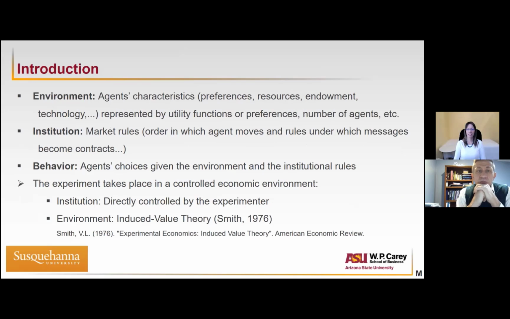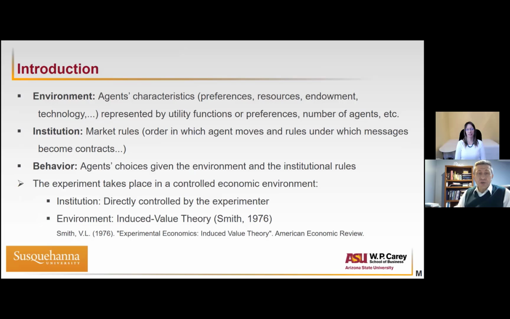Okay, going on a little bit more. So thinking through the environment, what are the agents' characteristics? The participants have certain preferences, what resources are available. So what is the utility function of our participants? How many agents do we have?